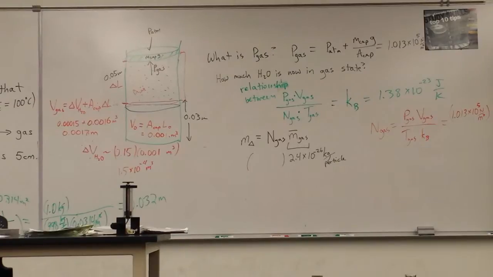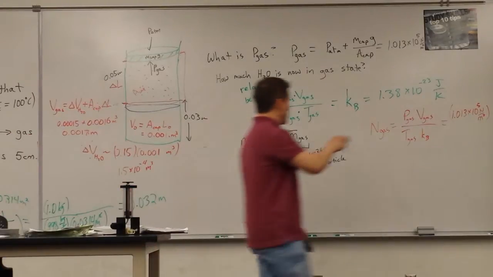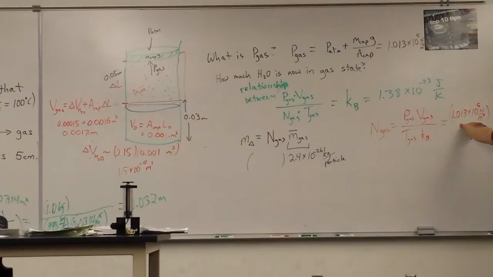I know it's a lot of work, but you have to figure these things out sometimes. So what then is the number of gas particles? We take our original gas pressure, we multiply it by that crazy little number, 0.0017 meters cubed, and we divide all of that by the temperature of the gas in Kelvin.